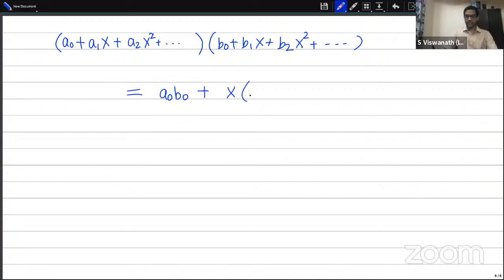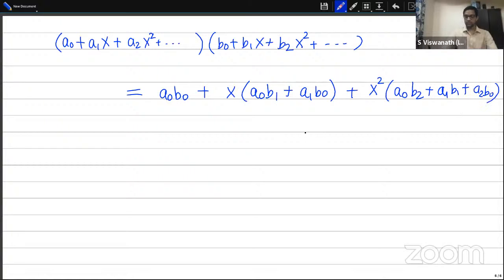The coefficient of x is A0, B1 plus A1, B0. The coefficient of x square is a sum of three terms, A1, B1 plus A2, B0, and so on. So this will have four terms, A0, B3 plus.